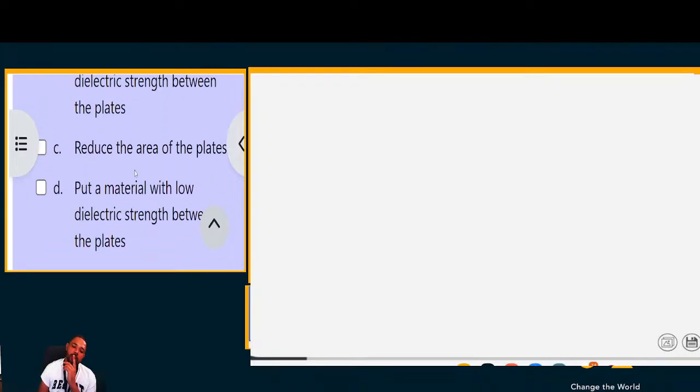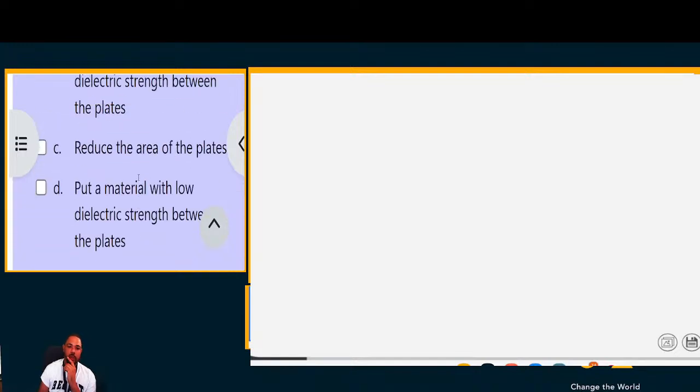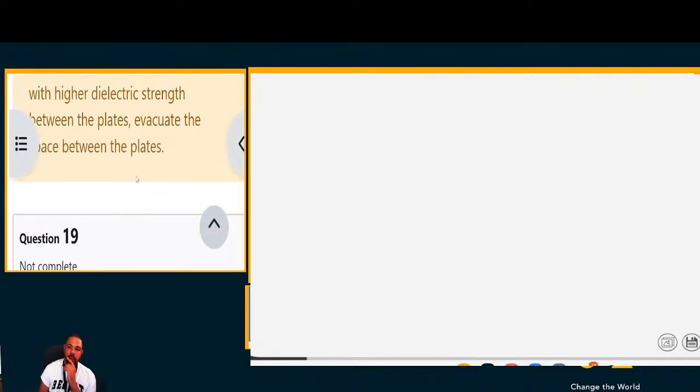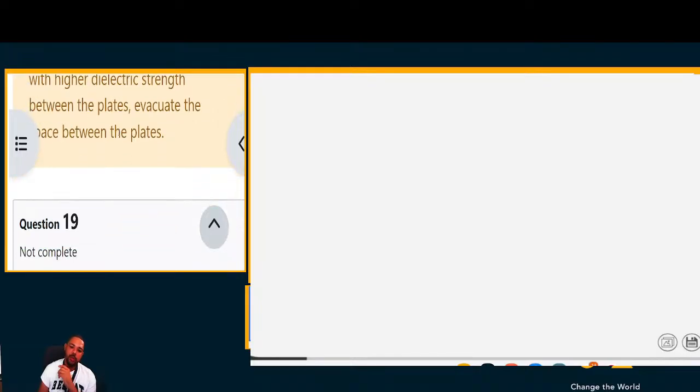Reducing the area of the plate is not going to help, and putting a material with a low dielectric strength is not going to help. So let's check those two. Yes, you can put a material with a higher dielectric strength, and then of course evacuate it.